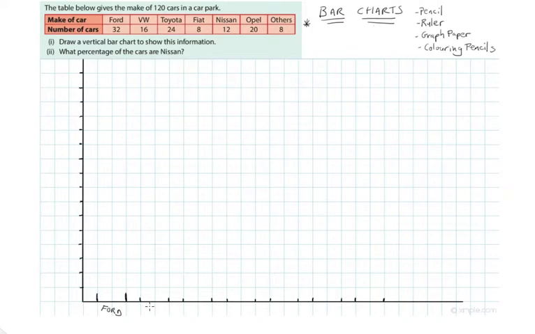Ford is the first one, and then the next one is Volkswagen, people's car, that's what it means in German. And the Volkswagen is going to come up out of here. And then the next one is Toyota. And that again will come out of here. And then the one after that is Fiat, an Italian car.